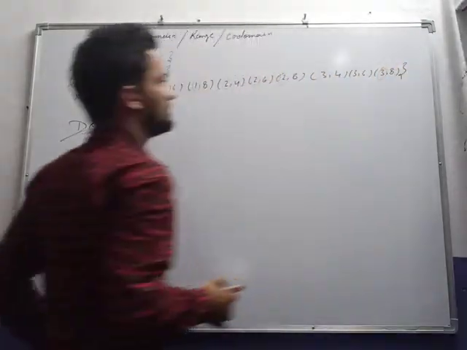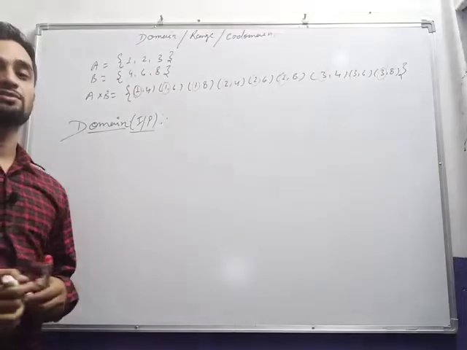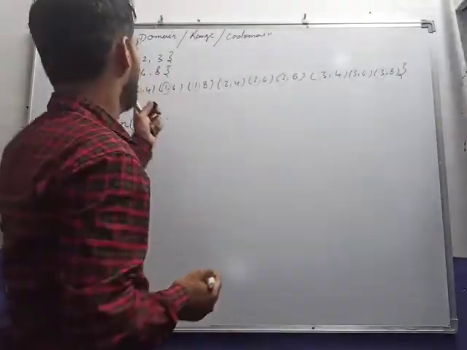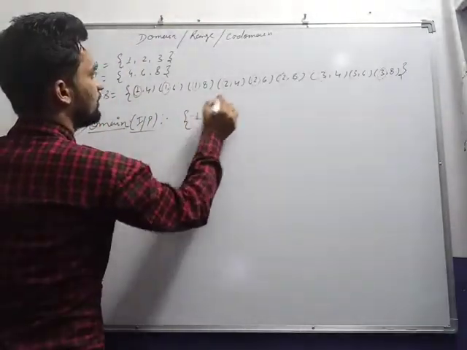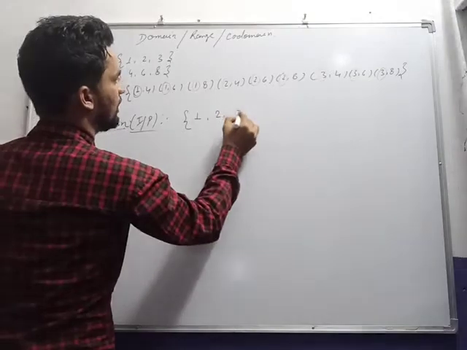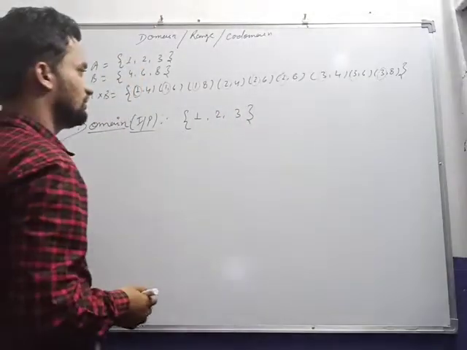So the first element of an ordered pair is known as domain. So here, if I ask what is the domain for this, the domain will be 1, 2, and 3.